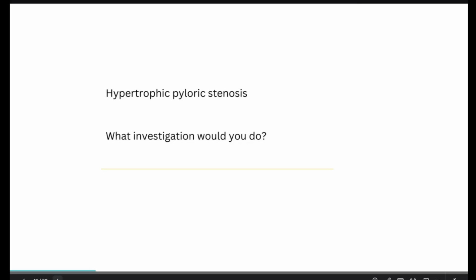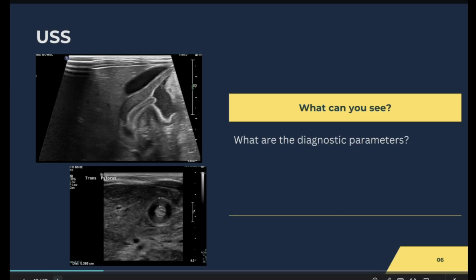Yeah, so barium study, fluoro, and contrast swallow study could be maybe for some other cases, but ultrasound is the gold standard investigation for hypertrophic pyloric stenosis. So here you can see the hypertrophic pyloric stenosis.